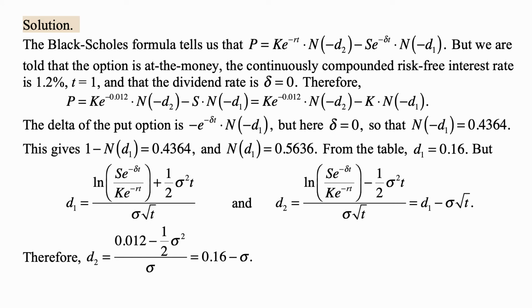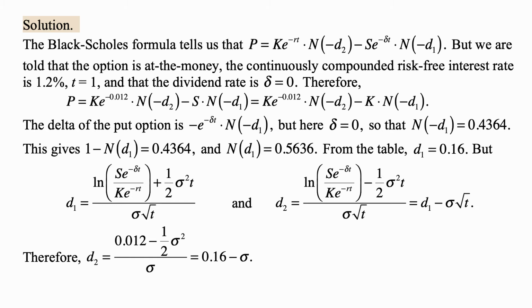And here's the solution. The Black-Scholes formula tells us that the price of the put is K e to the minus rT, the present value of the exercise price, times N of minus d2, minus the ex-dividend or prepaid forward price of the stock times N of minus d1. But we are told that the option is at the money, which means that K is equal to S. The continuously compounded risk-free interest rate is 1.2%, T is equal to 1, the time until expiration of the option, and the dividend rate is delta equal to 0.